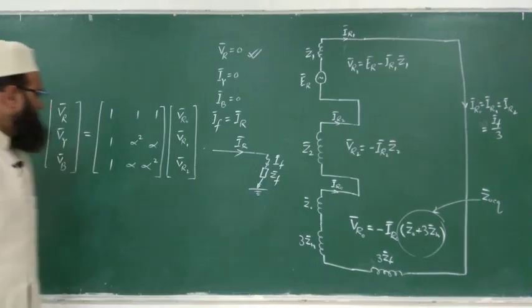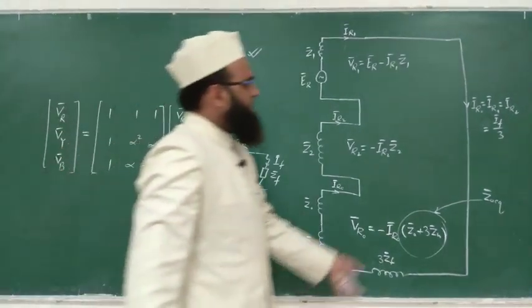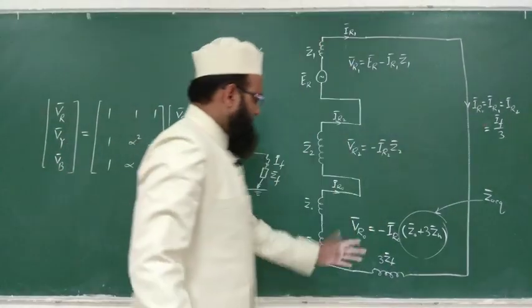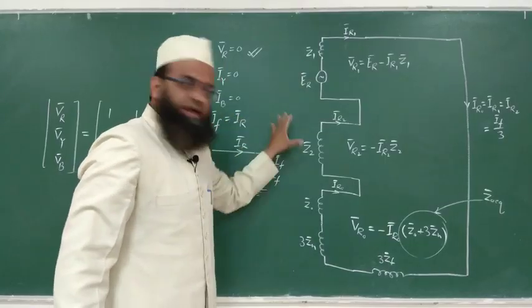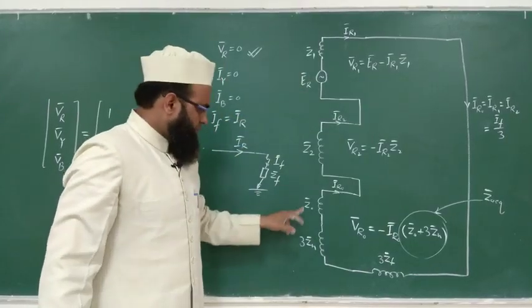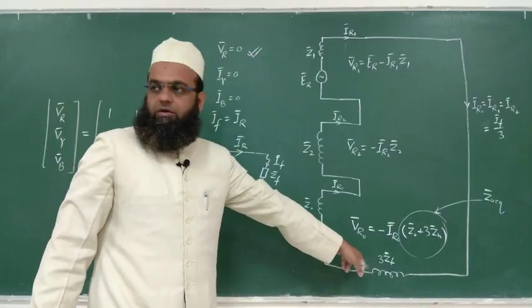You may write KVL. So once you write KVL, then IR0 will be equal to EMF upon sum of all impedances, Z1, Z2, Z0 plus 3 times Zn plus 3 times ZF.